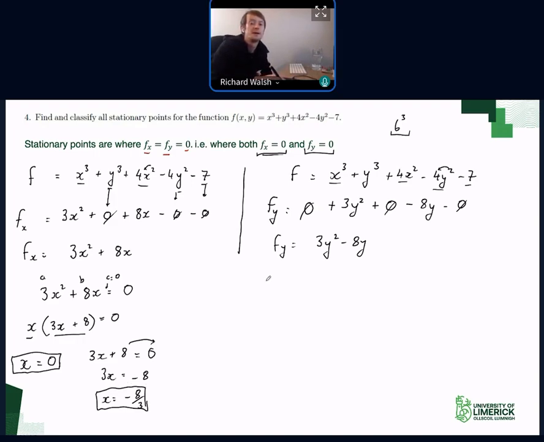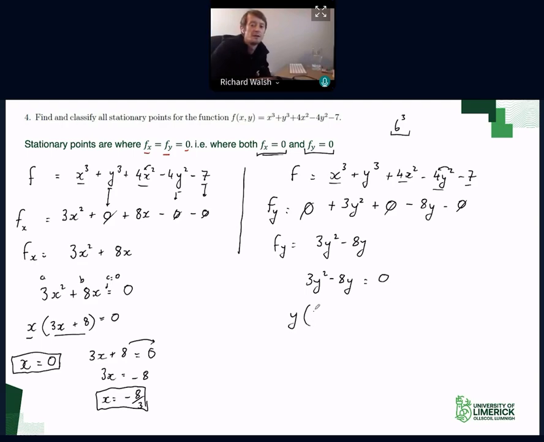for our stationary points. Likewise, we're going to set the first partial derivative with respect to y equal to 0. Again, it's a quadratic in y, so I could use my minus b formula if I wanted. A would be 3, b would be minus 8, and c again would be 0. There's no constant there.